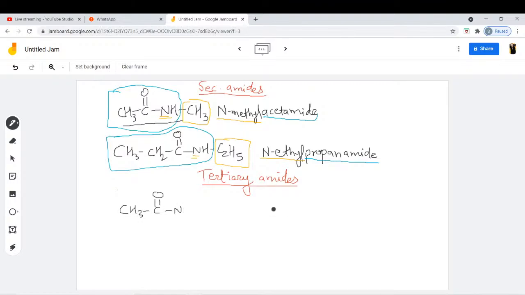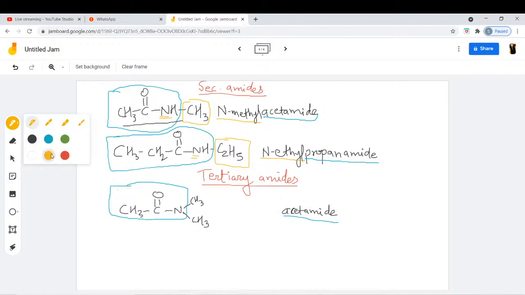Its name will be acetamide, in IUPAC you say ethanamide. And here I am going to attach to this nitrogen methyl, CH3, CH3. So up to this blue structure, it will be called acetamide, the 2-carbon amide.